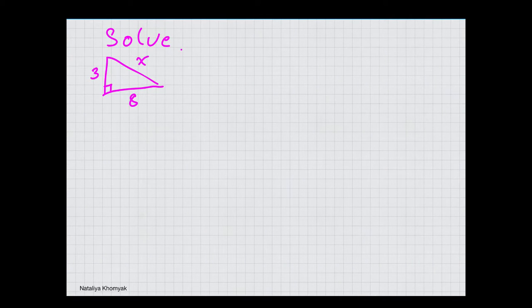The theorem is c squared equals a squared plus b squared, or a squared plus b squared equals c squared. C is always across the right angle, so I have x squared. It doesn't matter which one you label a or b, as long as you label the c correctly.